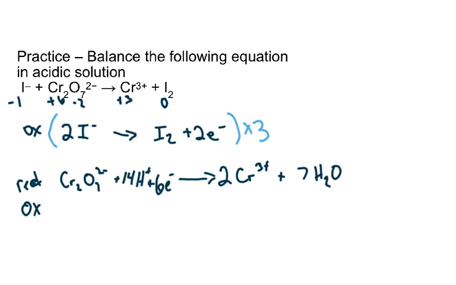oxidation reaction, which is going to be 6I- goes to 3I2 plus 6 electrons.